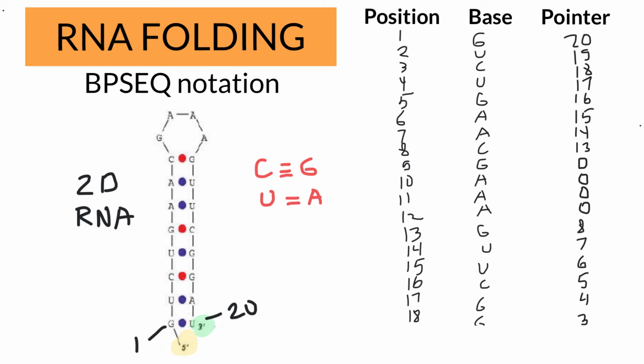And at the position 18, we have guanine, which connects with position 3. And nucleotide 19 is adenine, which connects to the position number 2. And lastly, we have nucleotide 20, which is uracil, which connects with position number 1.